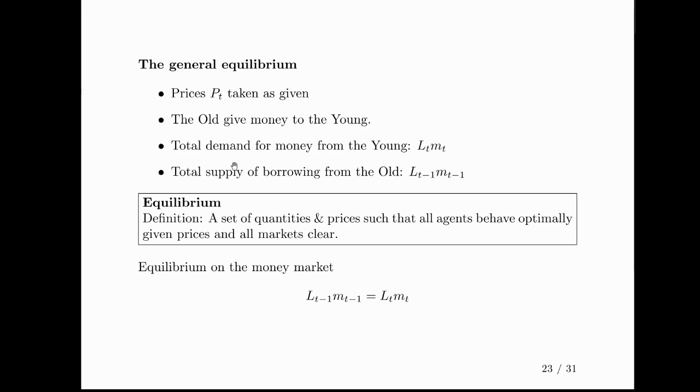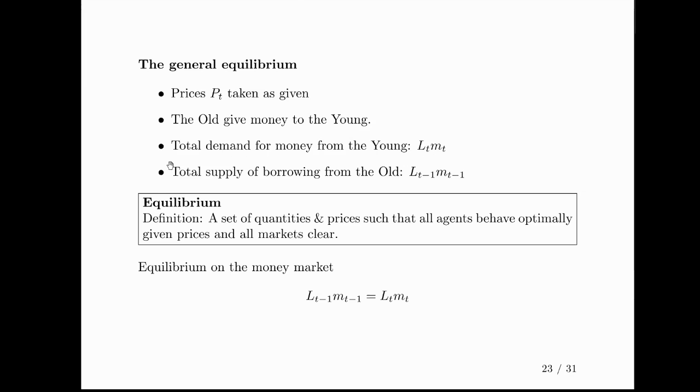The total demand for money from the young generation is L_t M_t. M_t is this fixed money supply that was created long ago, and nobody knows why or how, it's just there. So the total demand for money from the young generation is the total young generation, L_t, times the money supply, M_t.